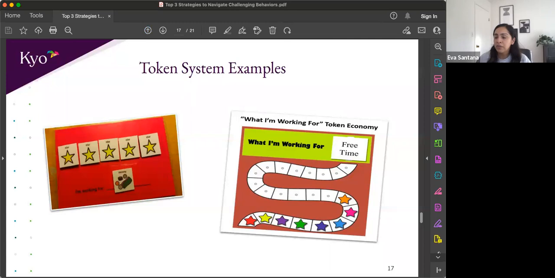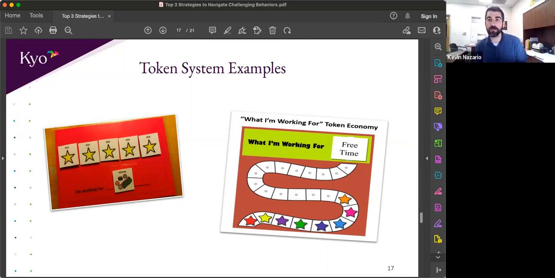I have a question here from Elena, but I'm not sure if I quite understand it. I'm going to let her try to speak. Yeah, of course. Elena, are you there?